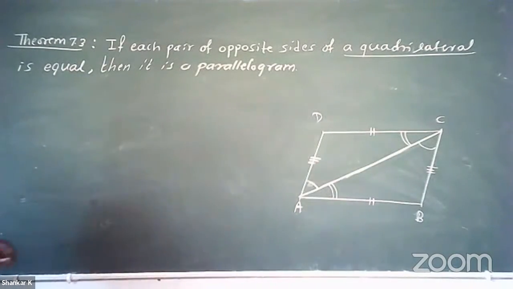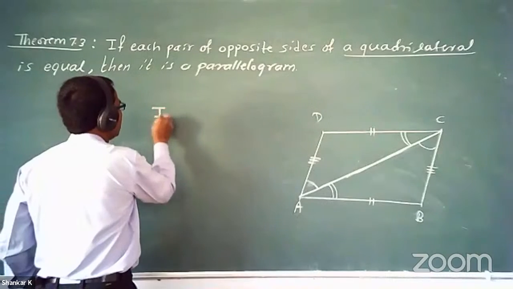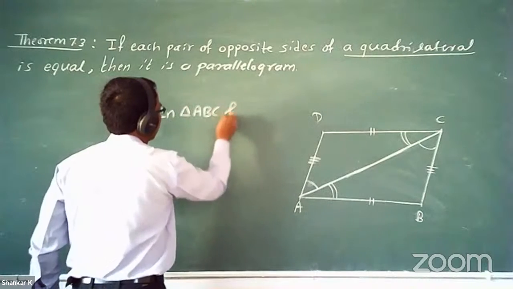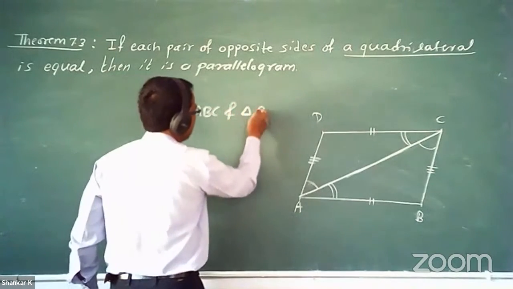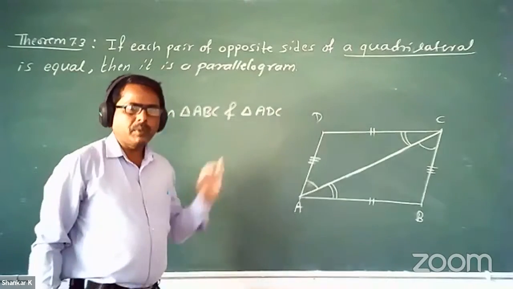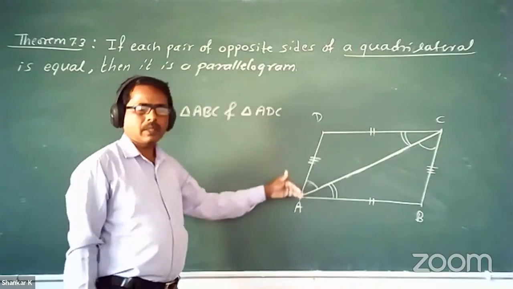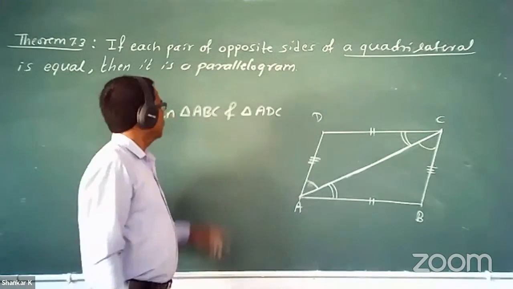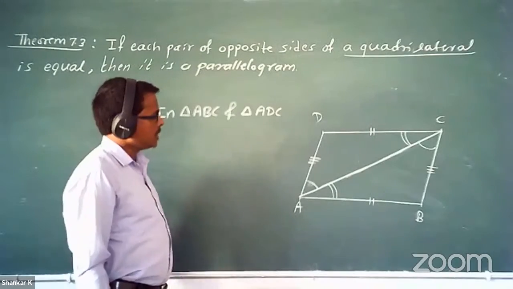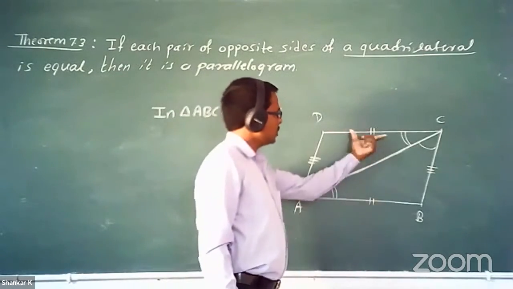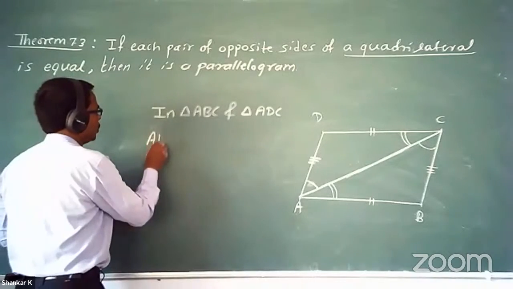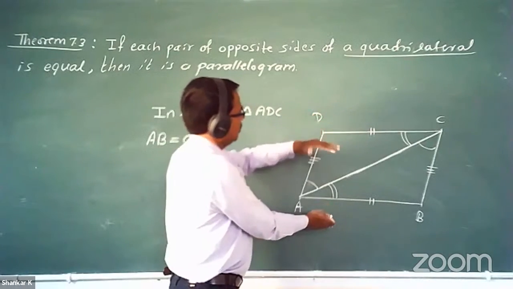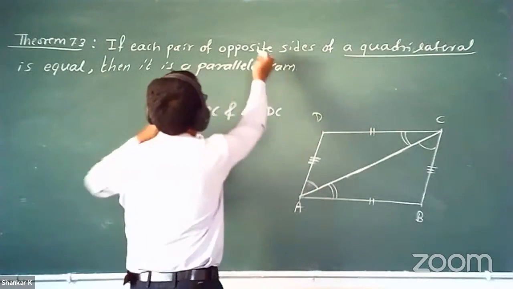What are the main steps? In triangle ABC and triangle ADC, I am writing important steps. Remaining are what is given, to prove, construction. In triangle ABC and ADC, which are equal? AB equal to CD. Why?